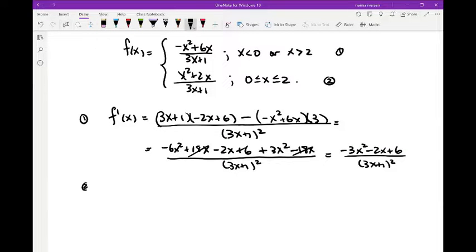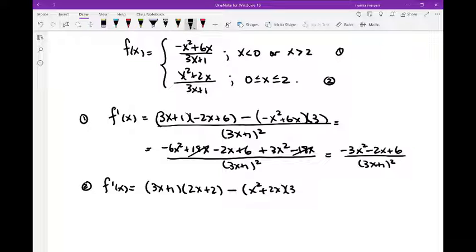Now for case 2, we're going to find f prime of x. Again, it's the bottom function, 3x plus 1, times the derivative of the top, which is 2x plus 2, minus your top function, which is x squared plus 2x, times the derivative of the bottom, all divided by the bottom function squared.